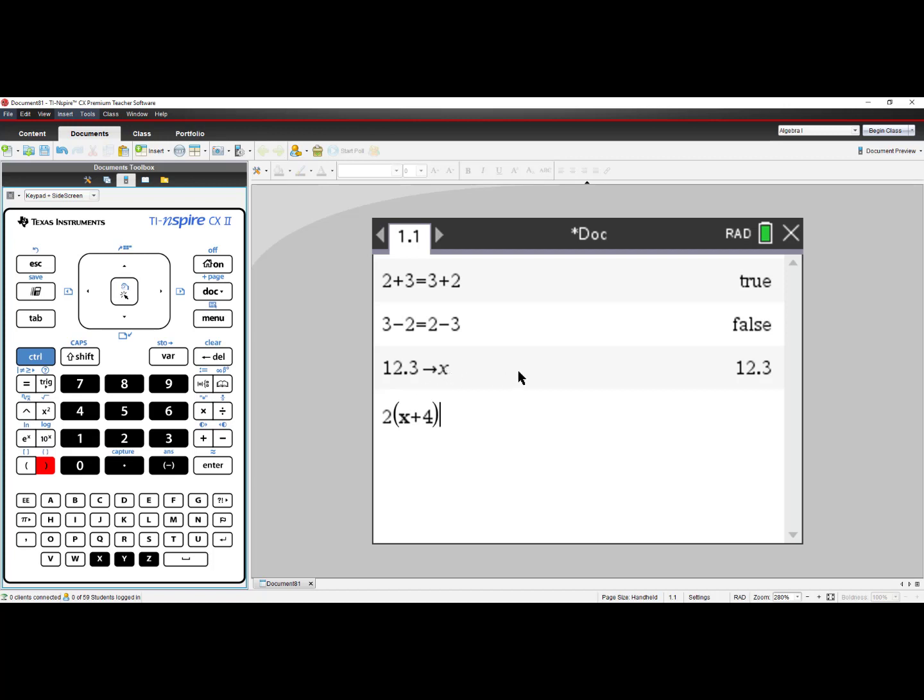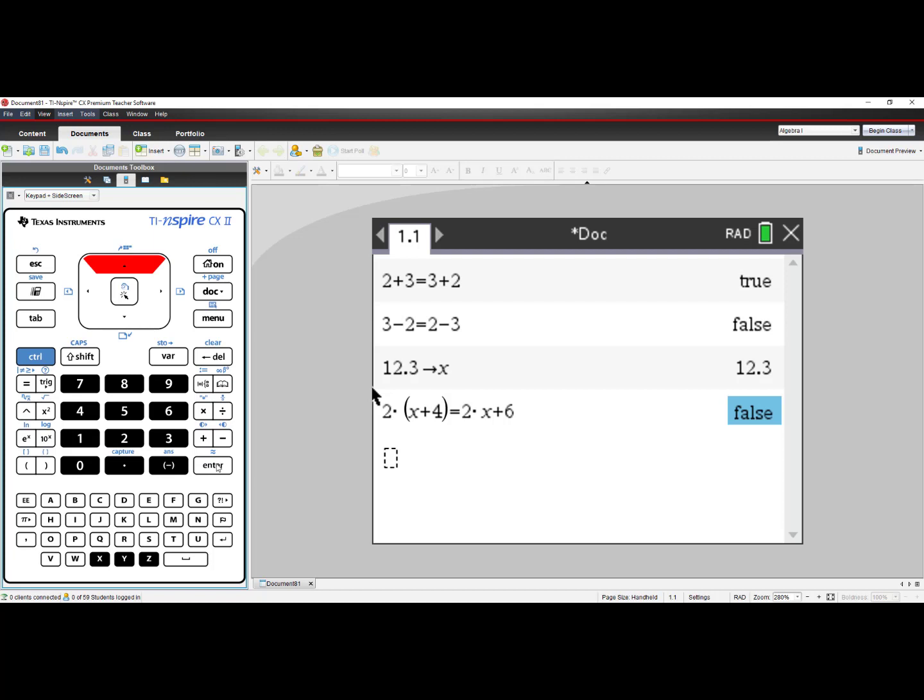That means there's a value stored in for x. When I press the equal sign, I can set 2 times the quantity x plus 4 equal to what I obtained by hand. 2x plus 6. When I press enter, I see that that is incorrect.